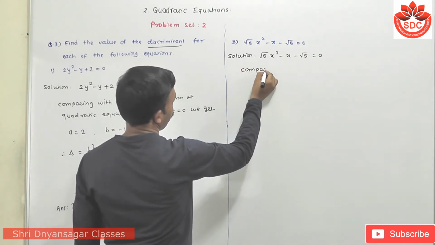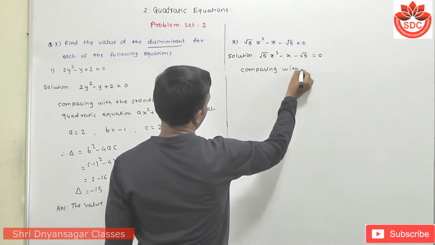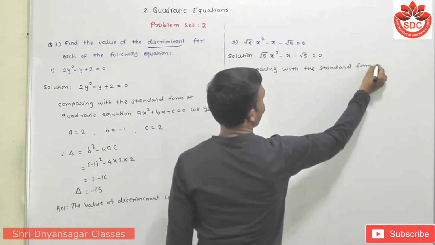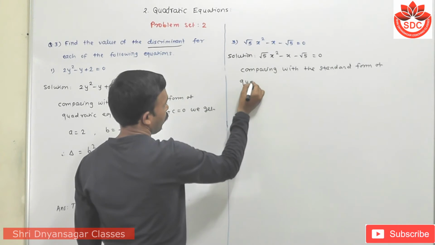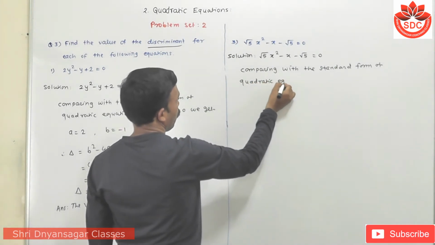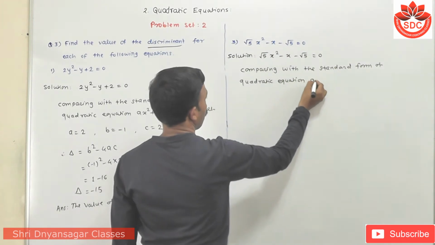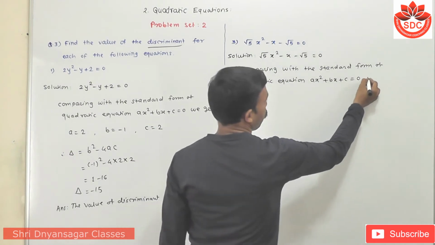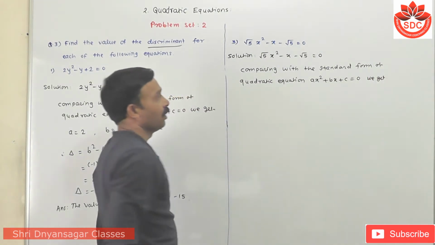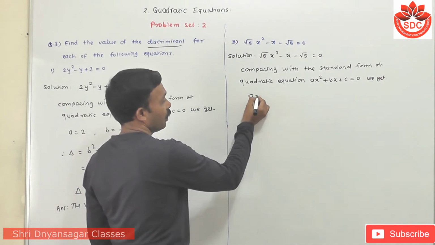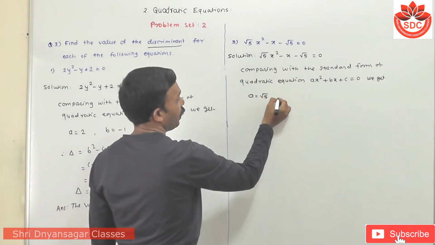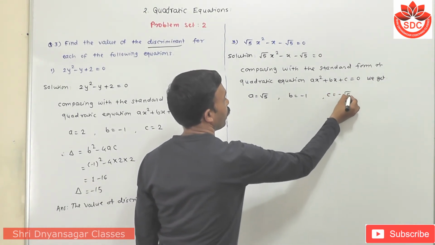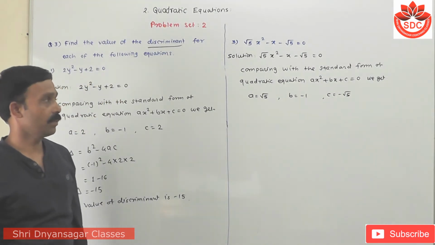Comparing with the standard form of the quadratic equation, ax square plus bx plus c is equal to 0, we get the value of a is root 5, then b is minus 1 and c is minus root 5. Look at each sign: plus, minus, minus.